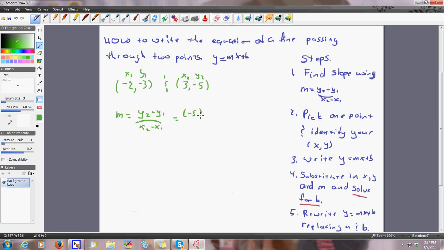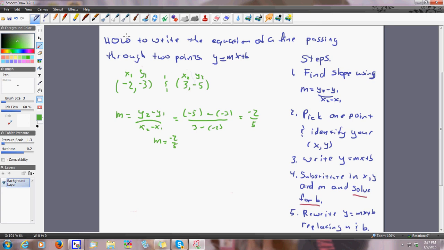So let's say I have a negative 5 minus a negative 3. I'm going to find my slope first. And I have a 3 minus a negative 2. And negative 5 minus a negative 3 gives me a negative 2. And 3 minus a negative 2 gives me a positive 5. Oh, great. So now I have a slope of negative 2/5.